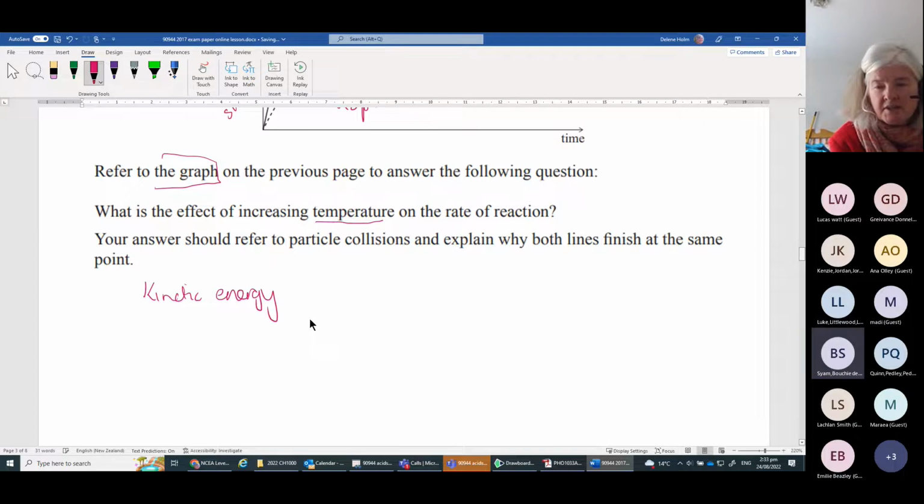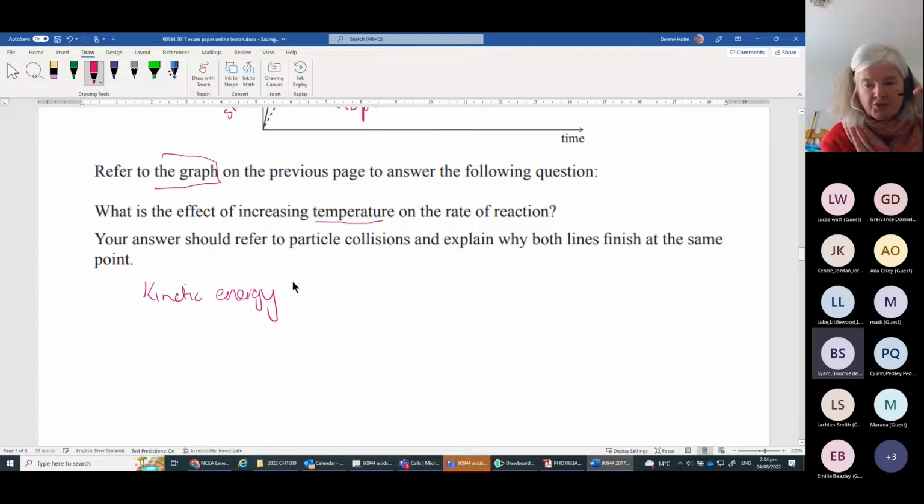I know I always leave sort of jokes whenever I give feedback, and I've got always a little picture that I use of the thermometer is the speedometer of atoms. And if you think about it, what does a thermometer do? It measures temperature.